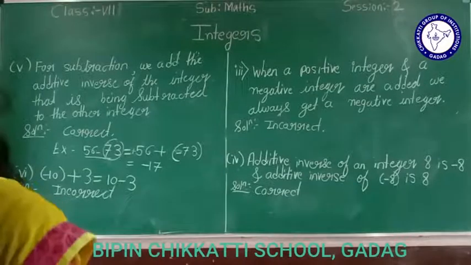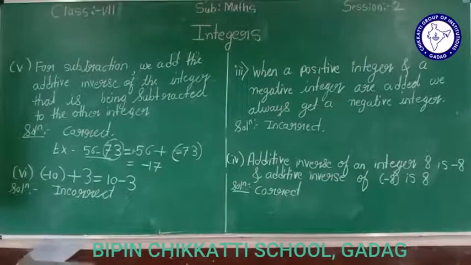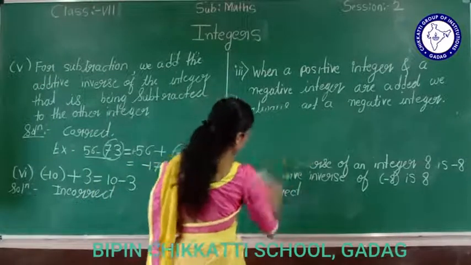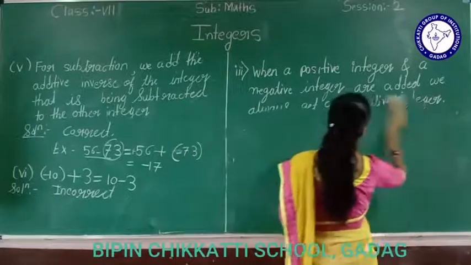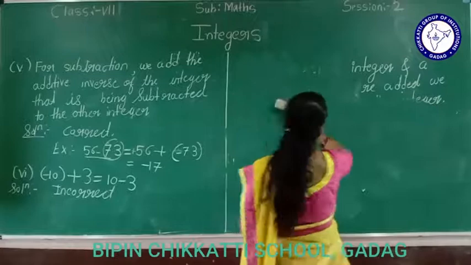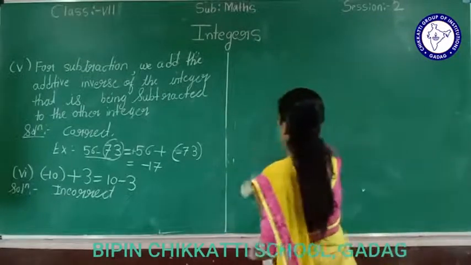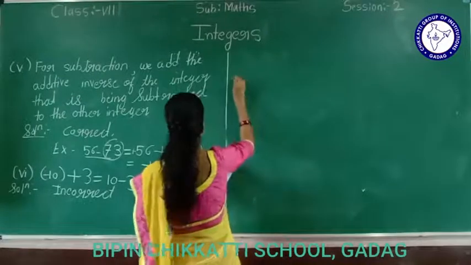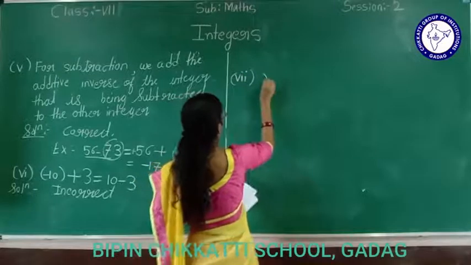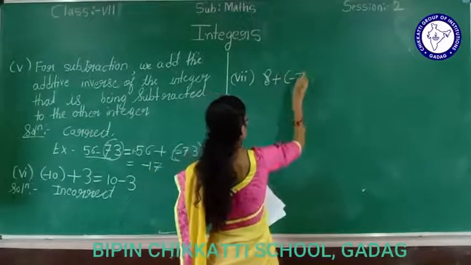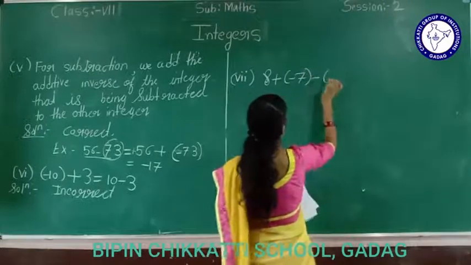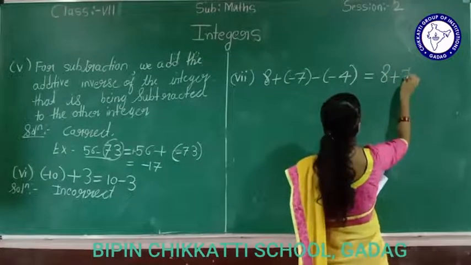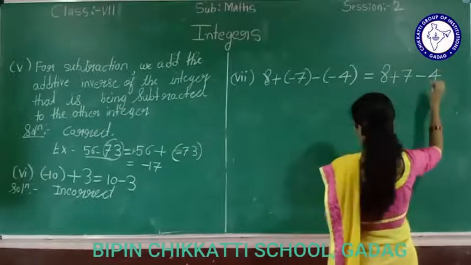We'll go for the next example. The last one they have given, the seventh one here: 8 plus minus 7 minus minus 4 is equal to 8 plus 7 minus 4.